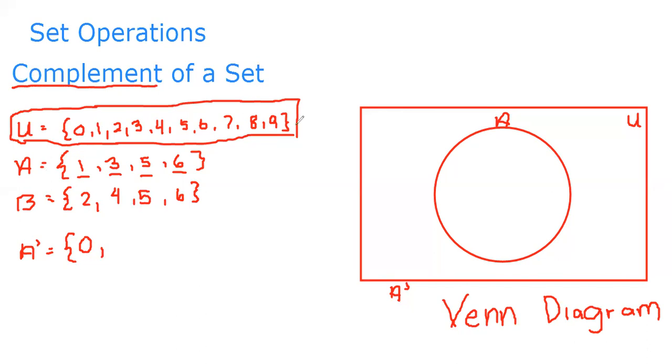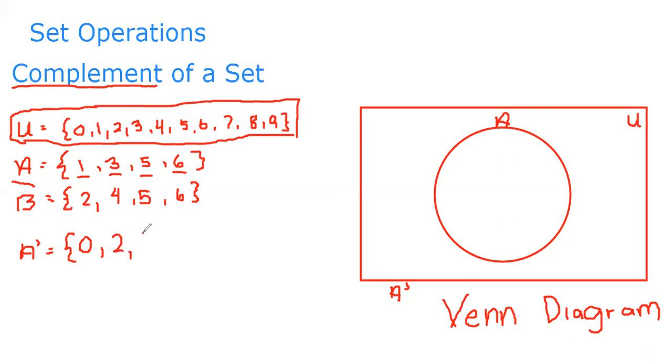So lahat ng wala kay set A, iyon ang A complement natin. Sa universal set natin siya titingnan, okay? Si set A ba natin may 0? Wala. So, A complement has 0. Si set A ba natin may 1? So, hindi natin susulat si 1. Si set A ba natin may 2? Wala si set A na 2. So, isusulat natin si 2.